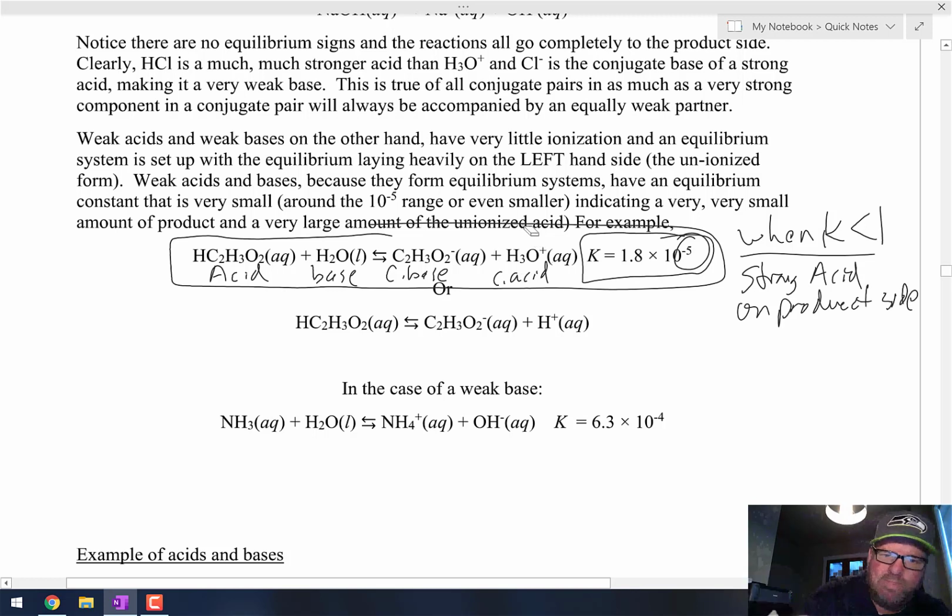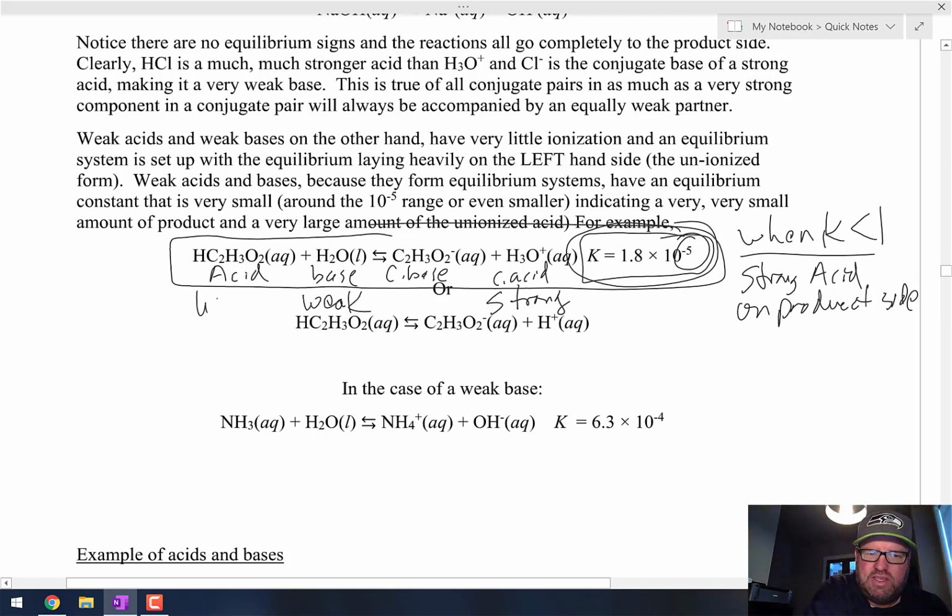Now, remember, the stronger the acid, the weaker its conjugate base. So because the equilibrium constant is less than 1, the conjugate acid is the strong acid, and therefore its base, which is over here, is weak.